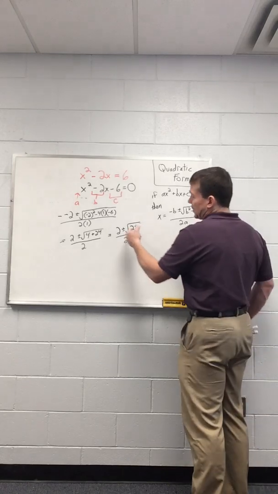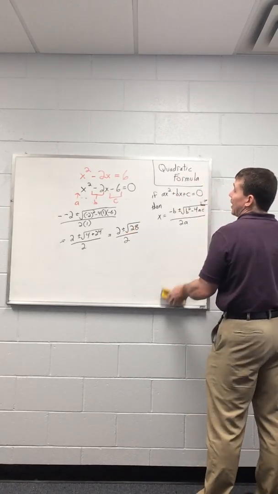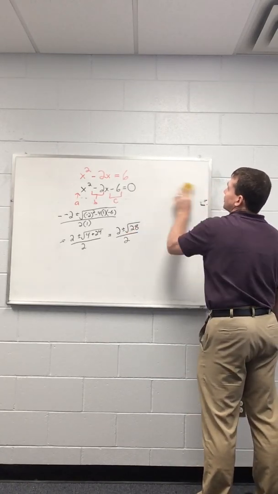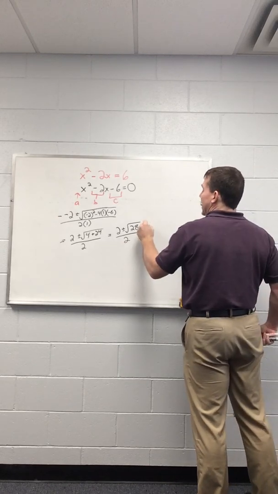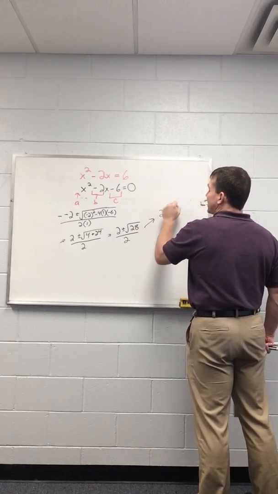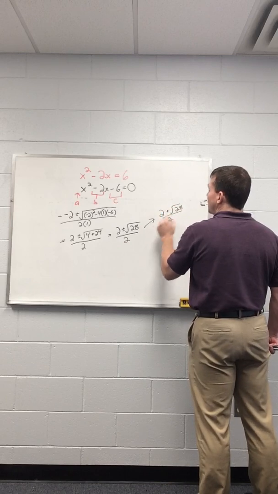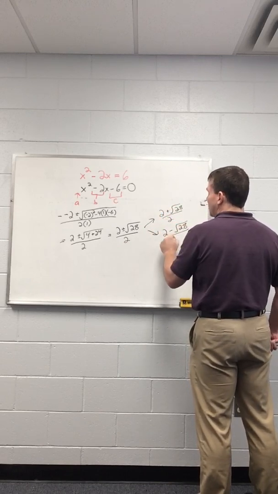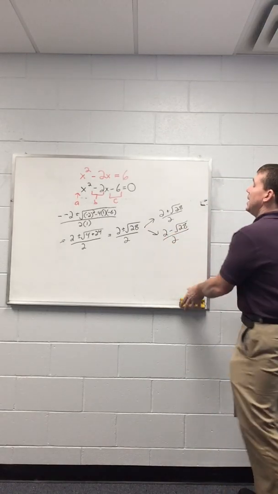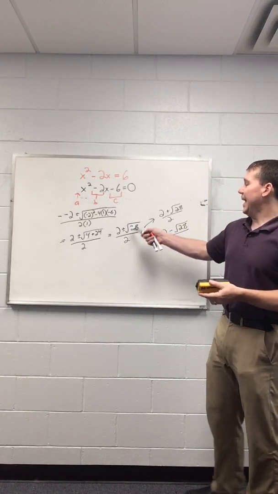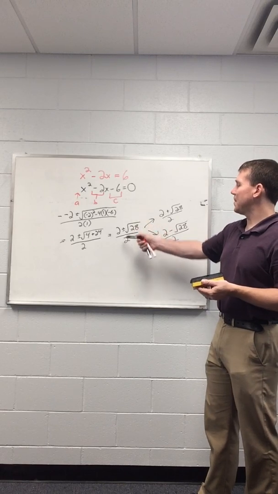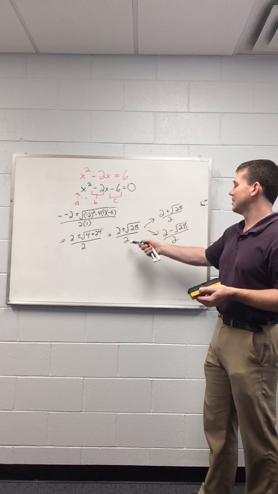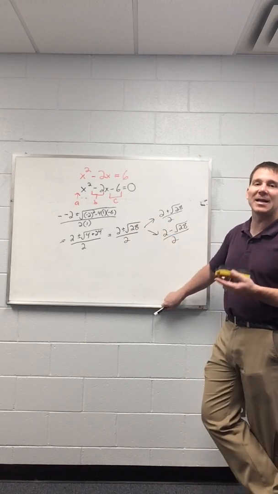As far as it goes, understand there are 2 solutions there because it's a quadratic. That is 2 plus the square root of 28 all over 2, and 2 minus the square root of 28 all over 2. If you want to write it in this form, that's kind of a more efficient way of writing it, that's fine.